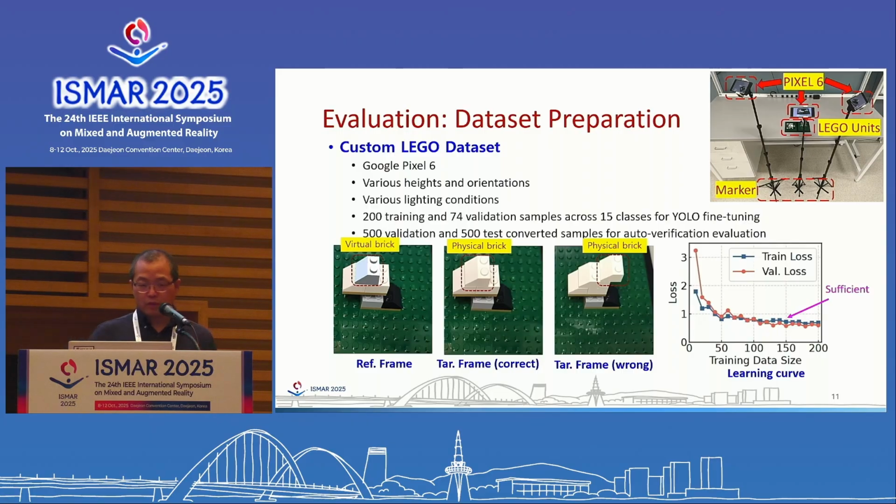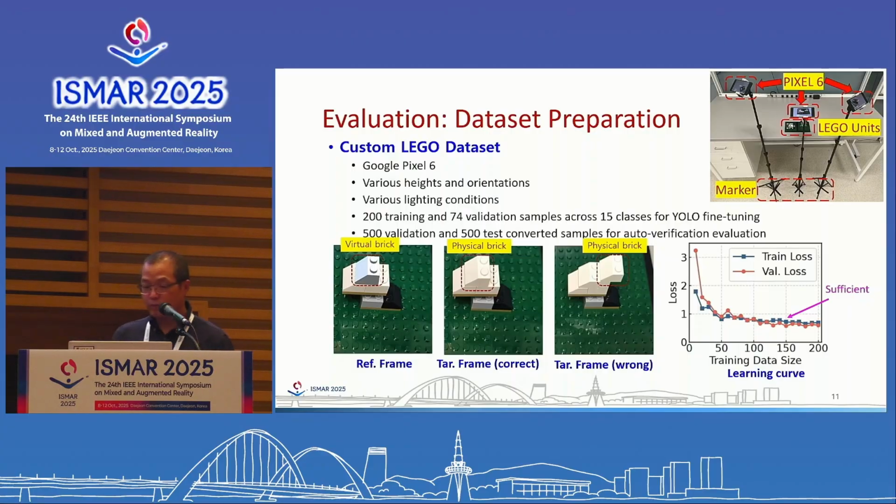We also collected a customized Lego dataset. We use the Google Pixel 6, an Android phone, and capture our Lego dataset at various heights and orientations, and under various lighting conditions, because in our lab we can tune the lighting conditions.